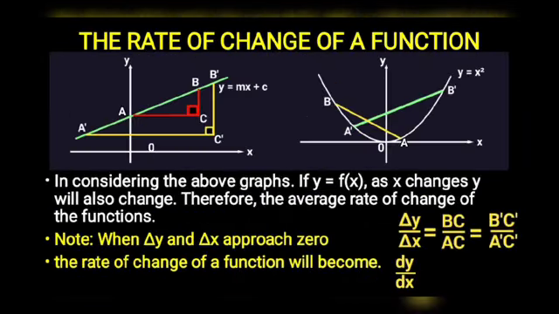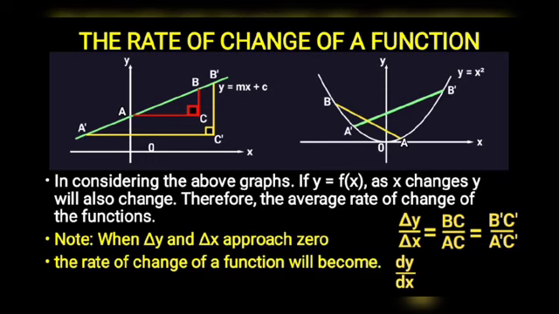Now let's move on to the rate of change of a function. In this aspect, considering the above graphs, if y is equal to f of x, as x changes, y will also change.